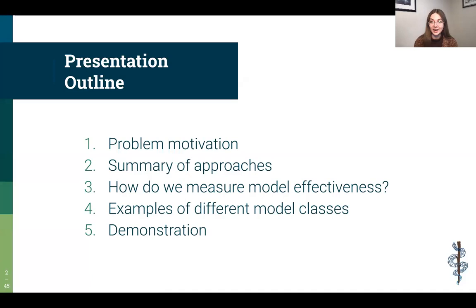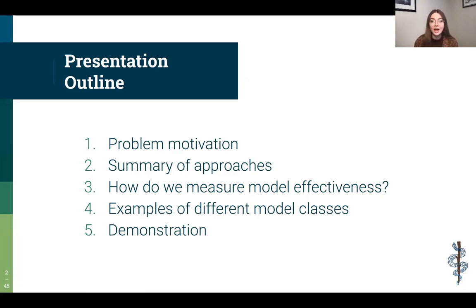Just a few things that I'm going to be talking about today. First, I would like to motivate the problem of survival prediction in a medical context. I'll go through a summary of the approaches that are often used in this domain.